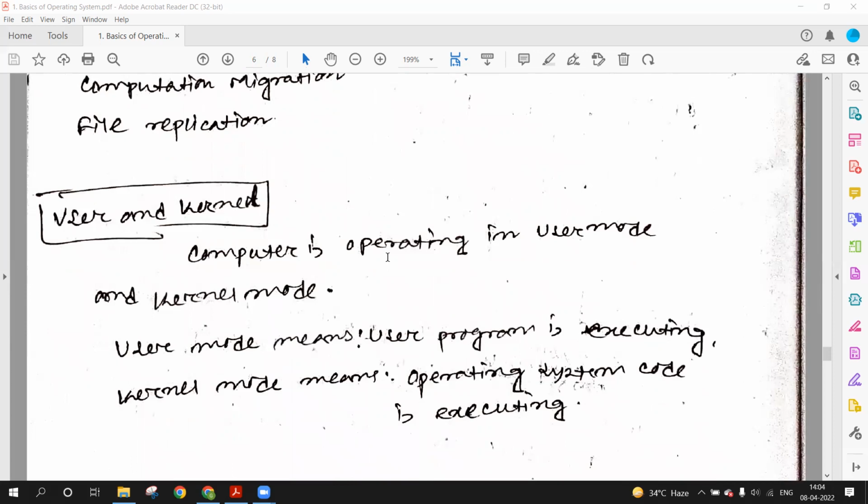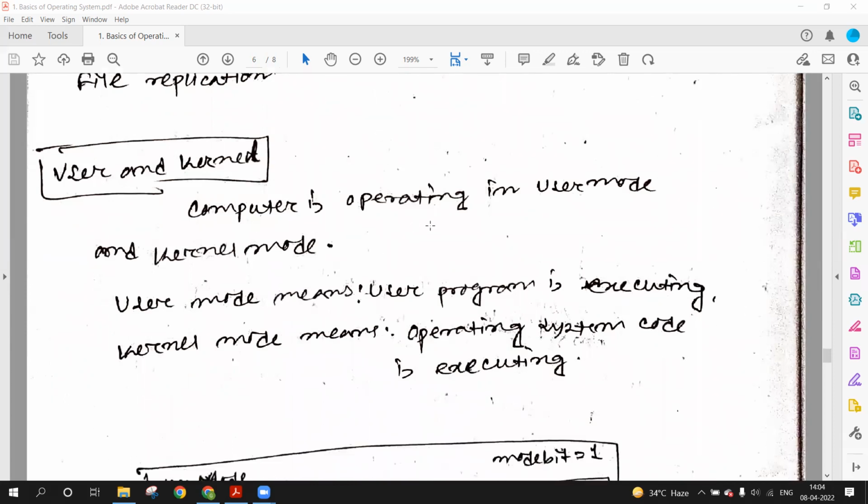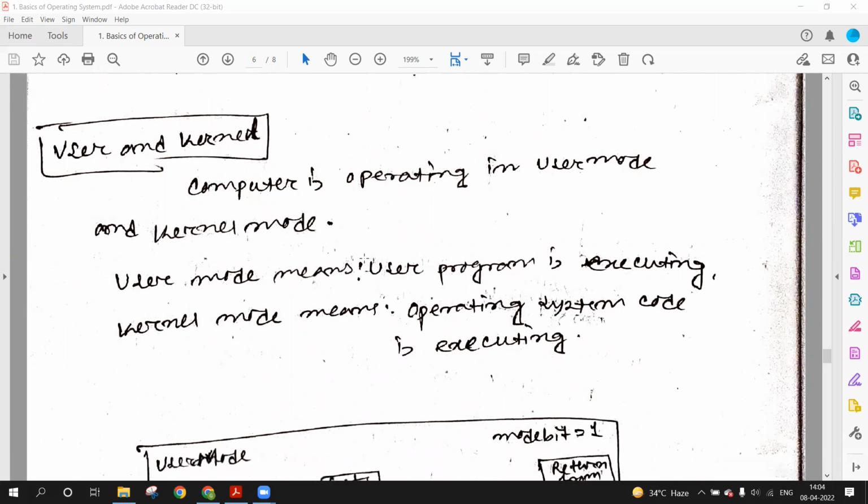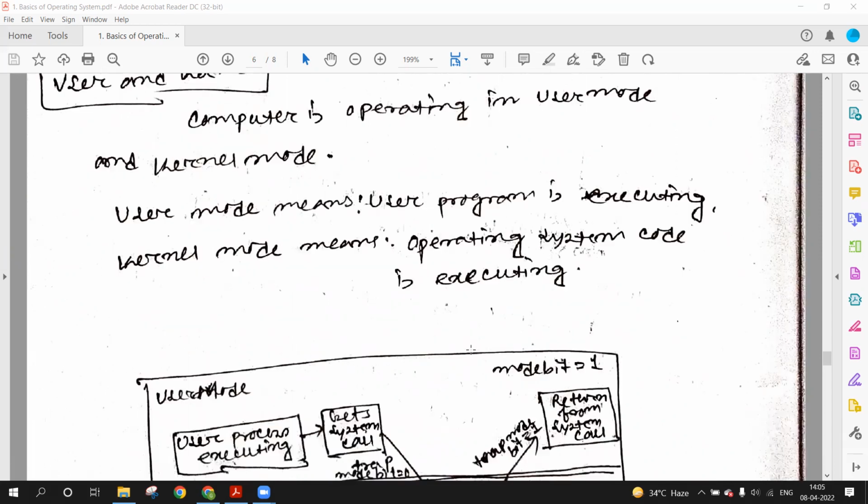Next, user and kernel. A computer operates in user mode and kernel mode. User mode means a user program is executing, and kernel mode means operating system code is executing.